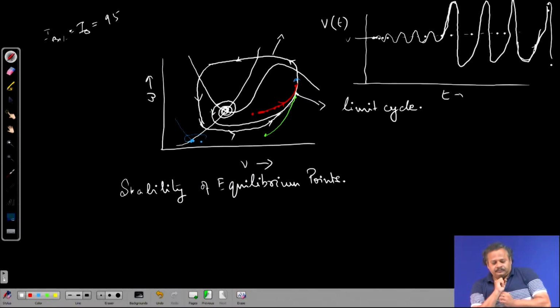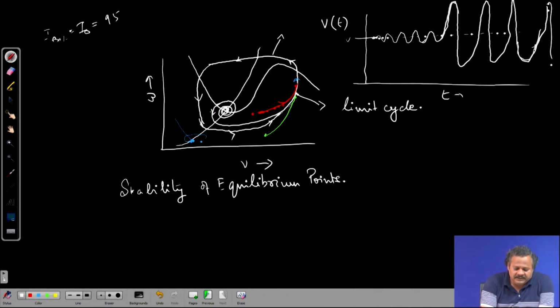And with those linear functions, we can determine whether the equilibrium point is stable or unstable or something else, which we are going to discuss in a little bit.